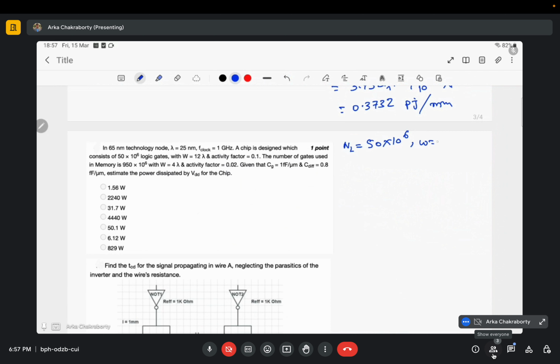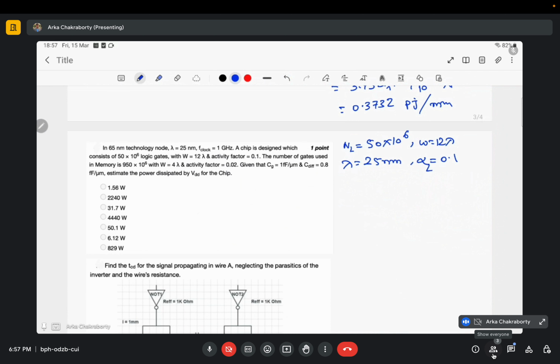Width is given as 12 lambda, and lambda is 25 nanometer. And activity factor, called alpha, is given as 0.1. So activity factor for logic gates is alpha, let me call it alpha L for logic gates.